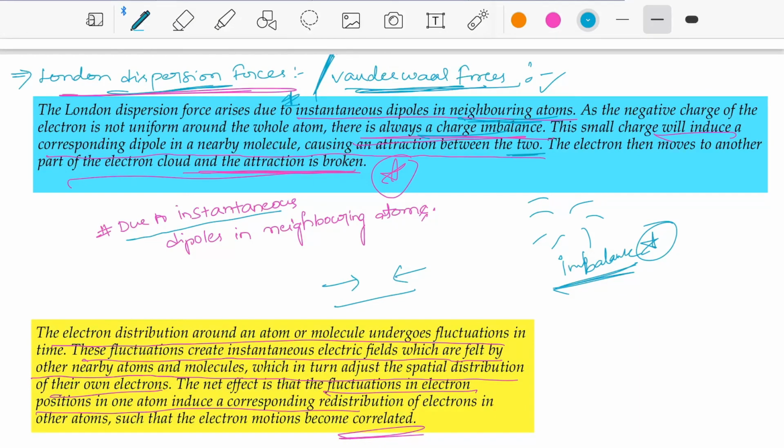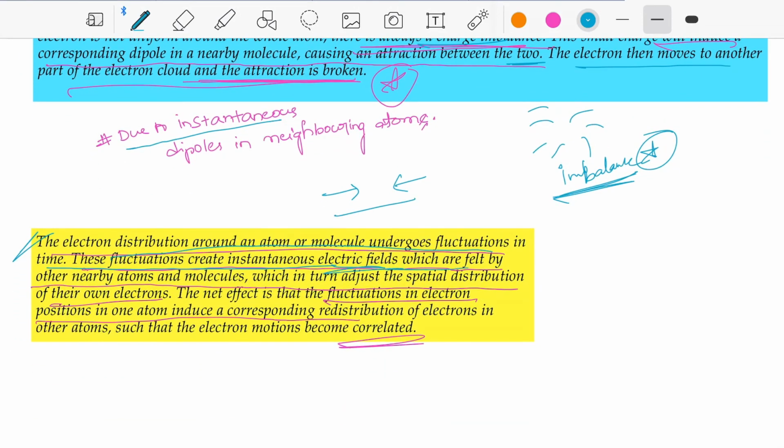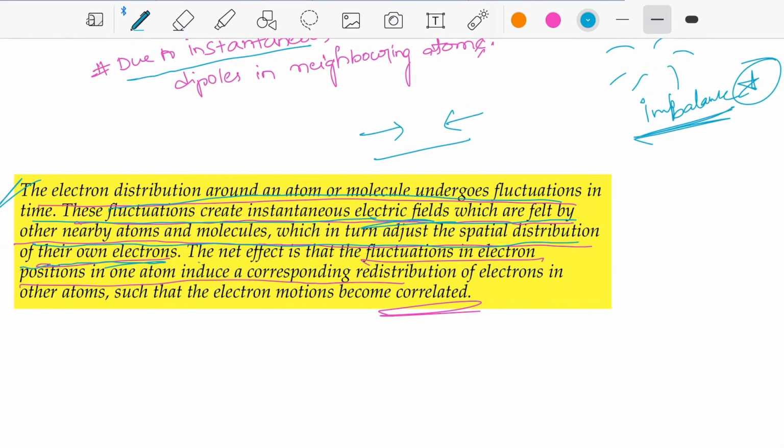The electron distribution around an atom or a molecule undergoes fluctuations in time. These fluctuations create instantaneous electric fields which are felt by other nearby atoms and molecules, which in turn adjust the spatial distribution of their own electrons. The net effect is that fluctuations in the electron positions in one atom cause a corresponding redistribution of electrons in other atoms, such that the electron motions become correlated.